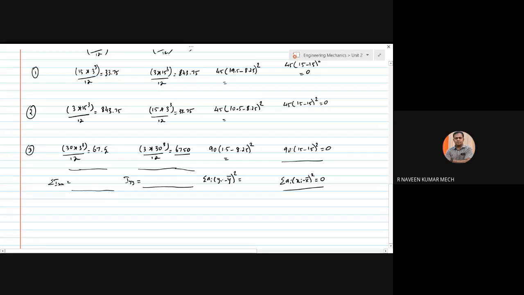Summation of Ixx is 33.75 plus 843.75 plus 67.5. We get the value 945 mm cube. 945 is the value of Ixx.